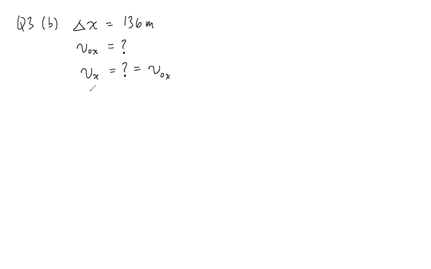So these two are really the same quantity. Okay, and then let's see. So the time, though, we do know. We do know the time because we worked that out in part A. That's 0.184 seconds. So this, again, is your answer from part A.